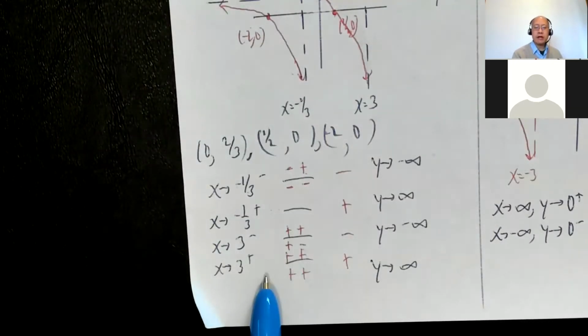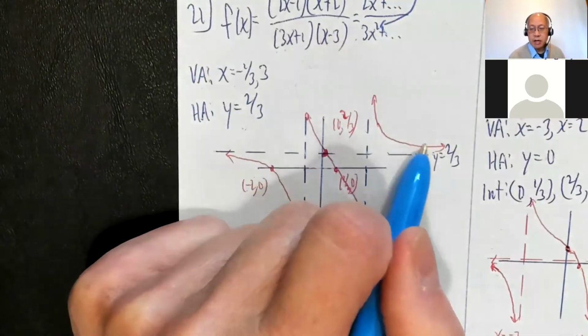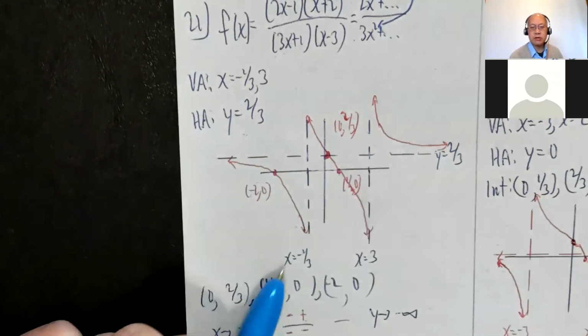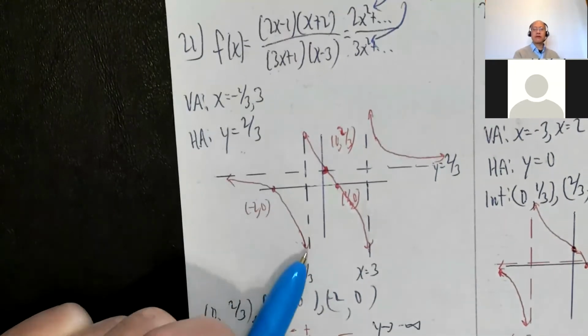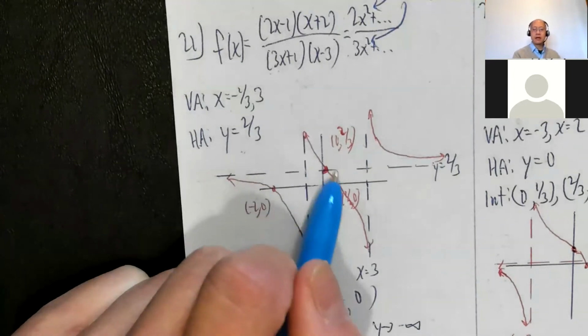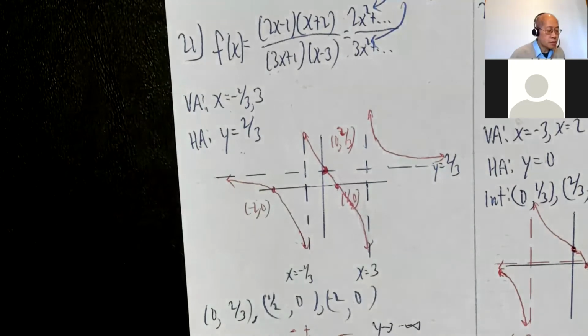A little bit to the right of 3, 3.1, positive infinity. Over here, end behavior goes toward 2/3. End behavior here goes toward 2/3. So there's the graph. It shoots like that, and like that, and like that. You can see it's kind of tricky. A lot of interesting stuff going on here.